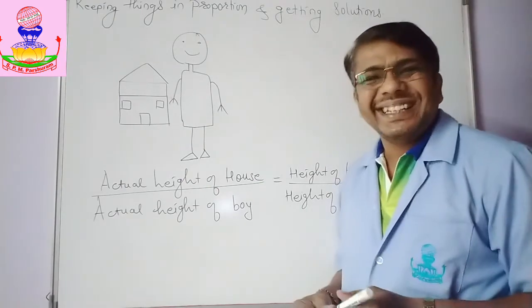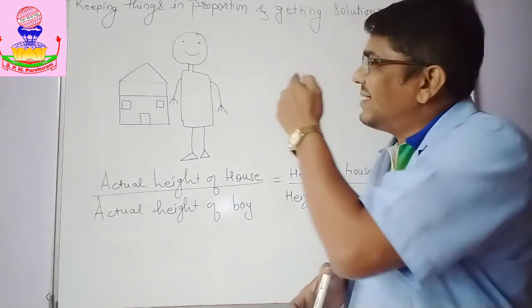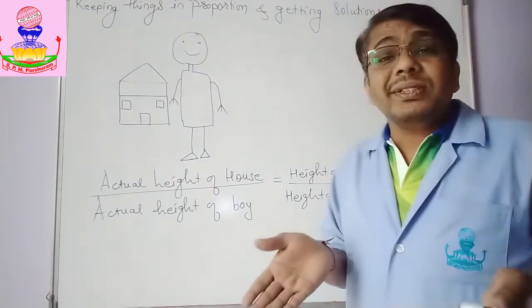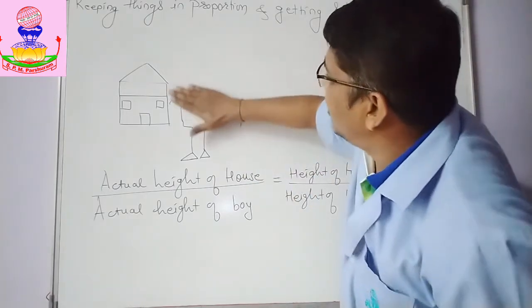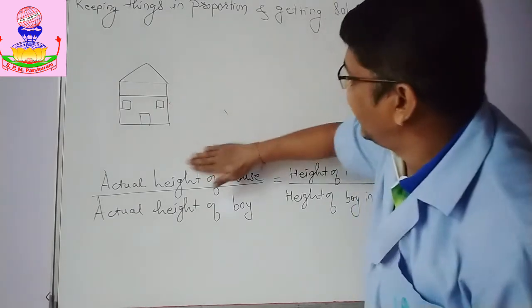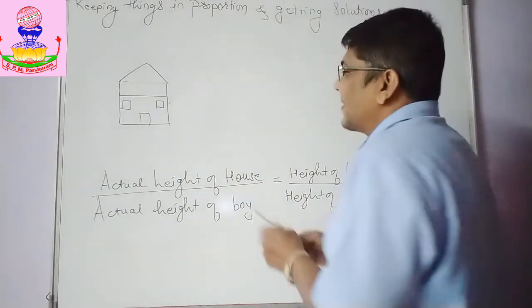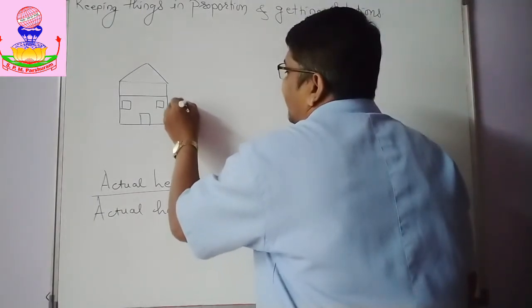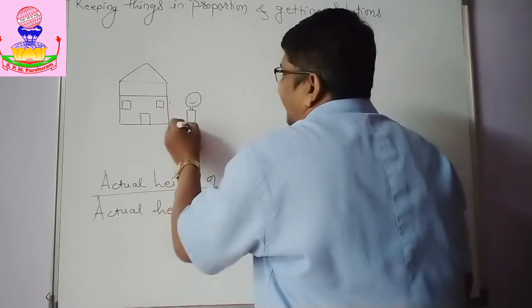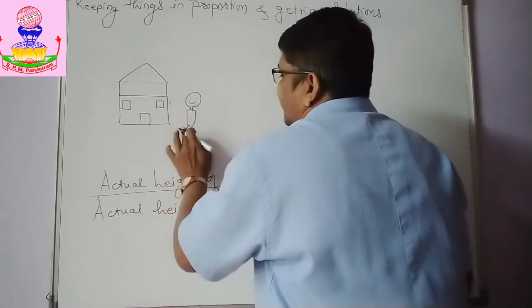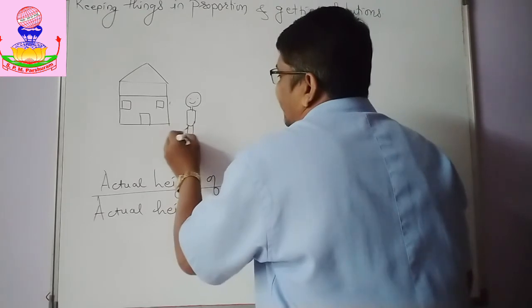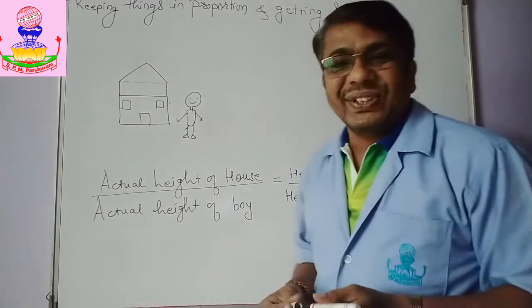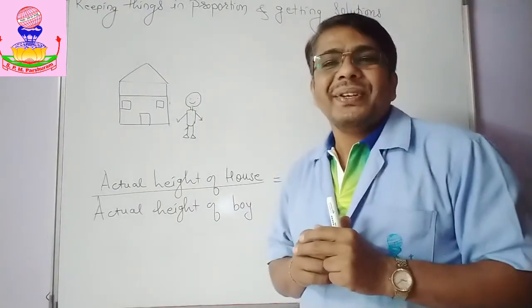If you would have done that, then you would have got this figure right. If he does this, what is this? Proportion. So, when he follows proportion, then his figure will be, might be, in this way. See here. Right? So now it is correct, appropriate.